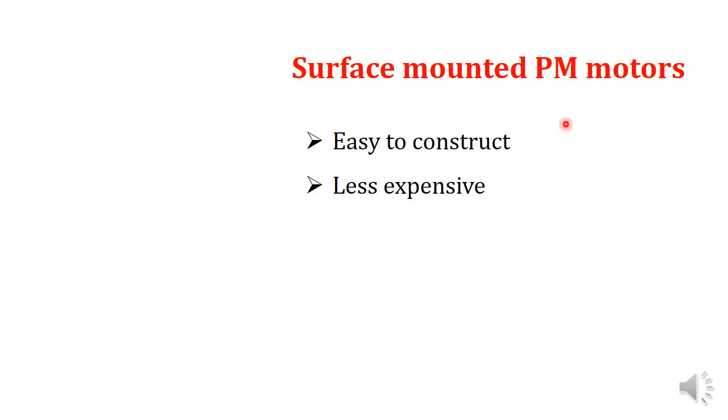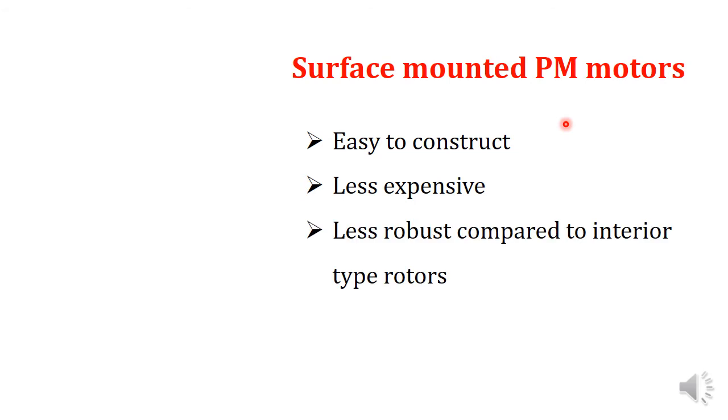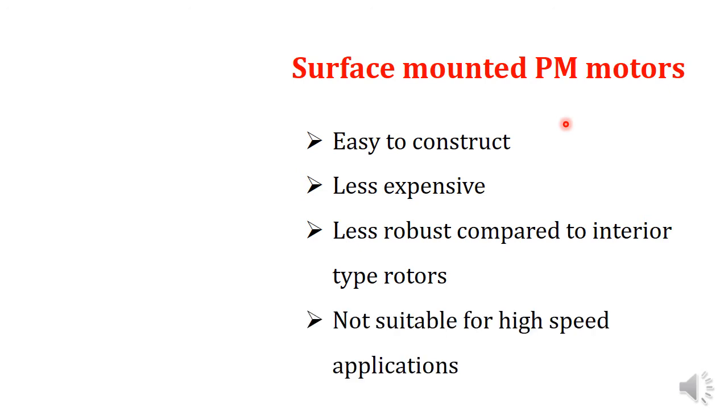First, we will see the basic features of surface mounted permanent magnet motors. They are easy to construct, they are less expensive, less robust compared to interior type rotors. Their mechanical strength is less. Not suitable for high-speed applications.